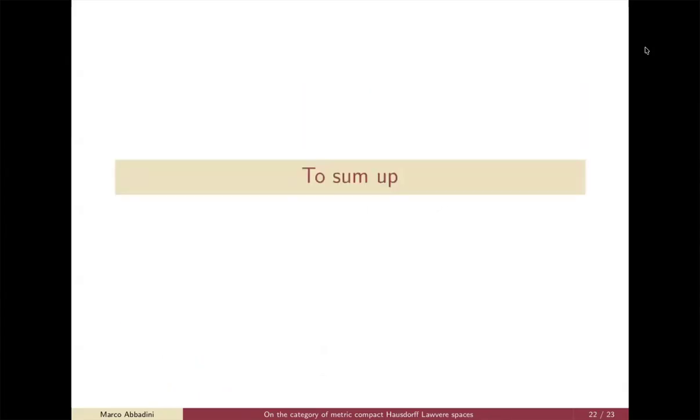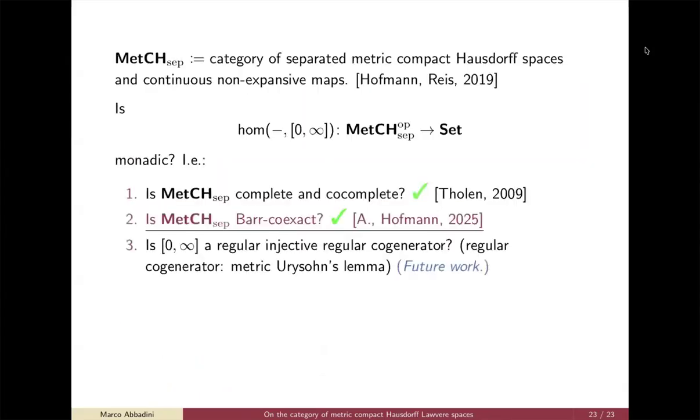To sum up, here we focused on this particular category of separated metric compact Hausdorff spaces and continuous non-expansive maps, which is a nice approximation of the category of compact metric spaces in the classical sense. And here we continued the work of showing that this indeed is quite natural and quite well behaved.